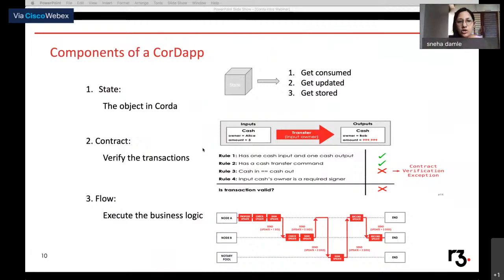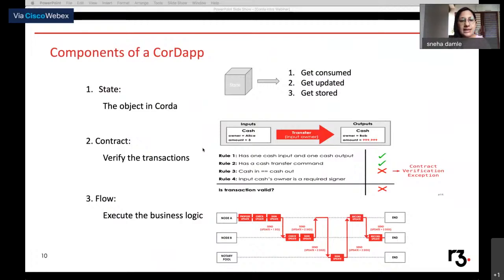So if a transaction proposal is approved, you can safely say that the input states have now been consumed, and they can no longer be used as input to any future transactions. And if a transaction is approved, the output states are created new on the ledger, and they become the current DLT, the current state of the ledger.